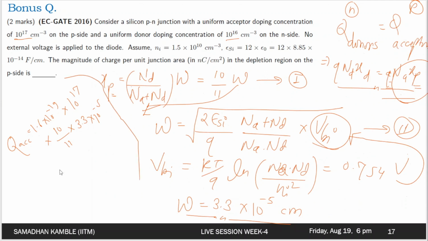Okay, so if you just calculate it, you will get this value as 4.82 times 10 to the power minus 7 coulomb per centimeter square.